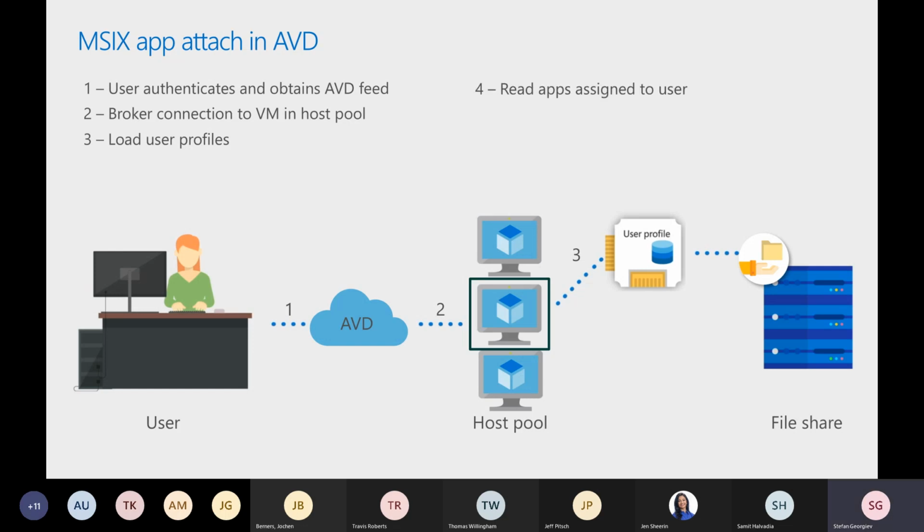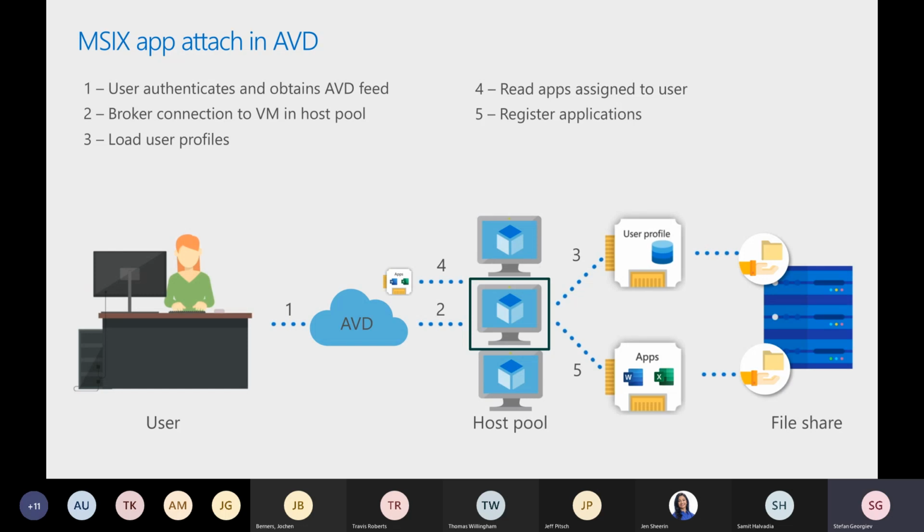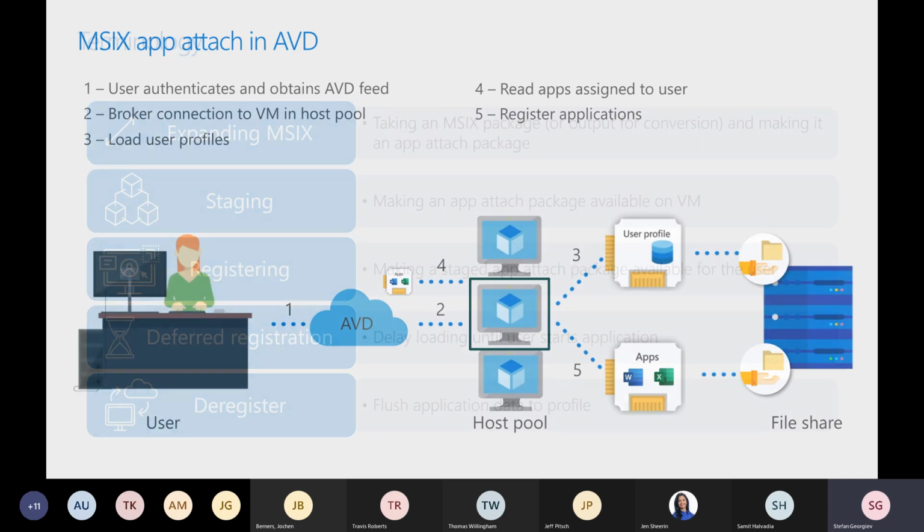And conceptually, we can do the same thing with applications, right? Due to the nature of MSIX, we are able to deliver those applications dynamically at user logon, and that is what we call app attach, this delivery mechanism on top of MSIX. So MSIX is the packaging format, MSIX app attach is the delivery mechanism.